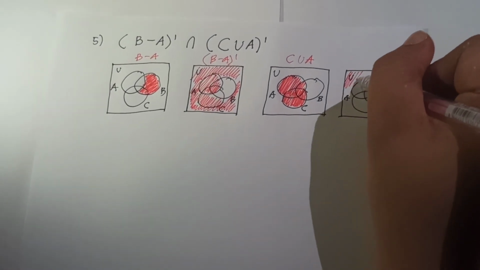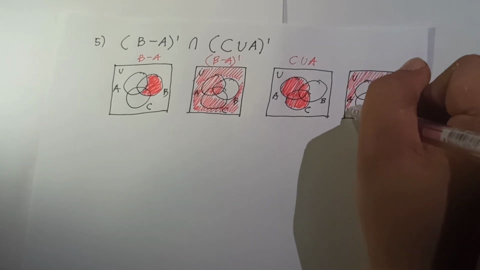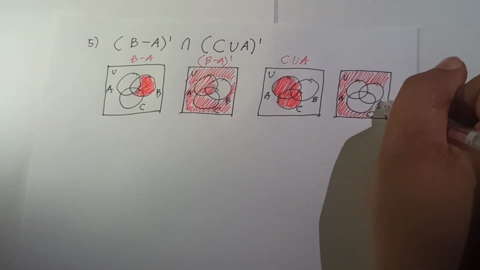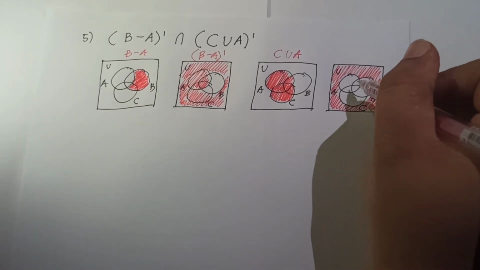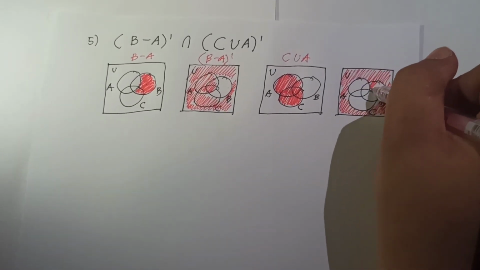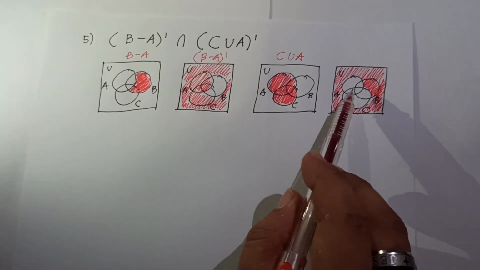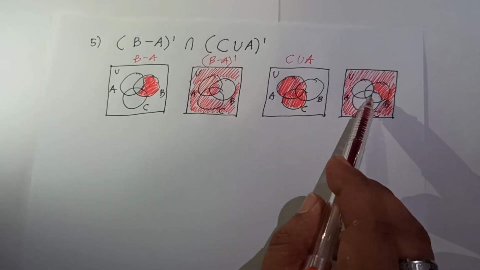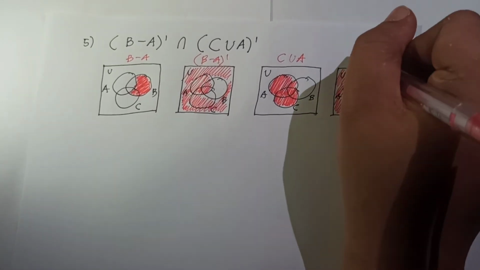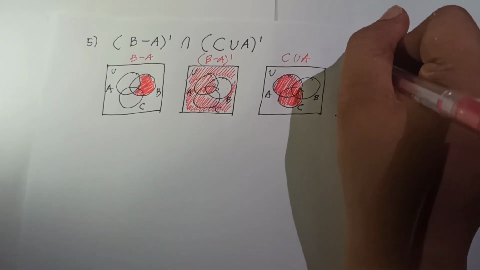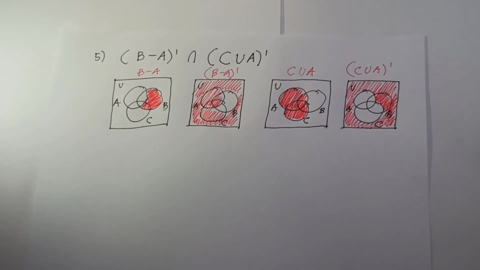So first we're going to shade the part of the universal set or not belonging to any set. Since this part is shaded, we will not shade it because this is the complement. So C union of A, we have the complement.